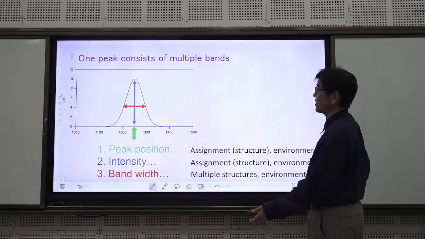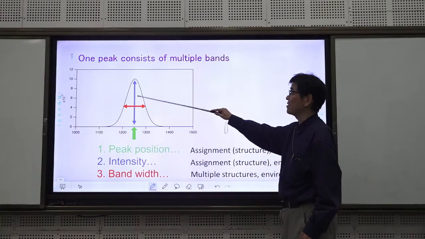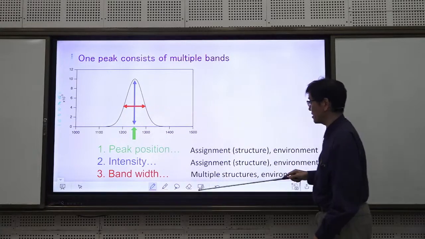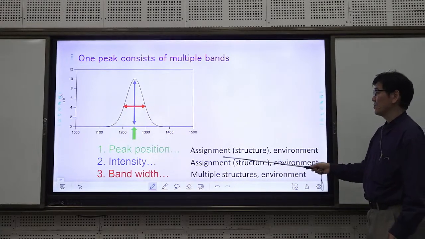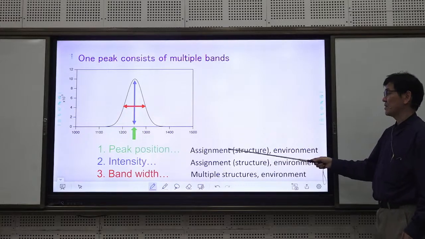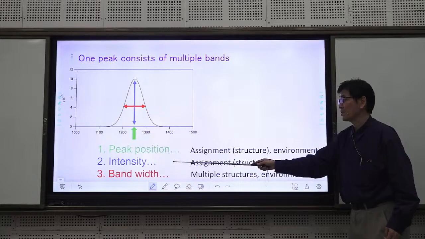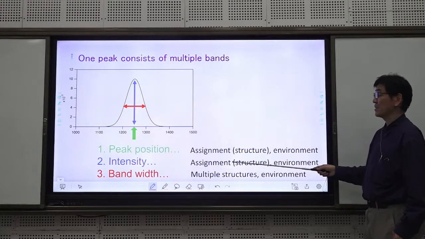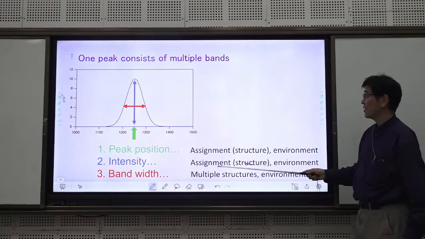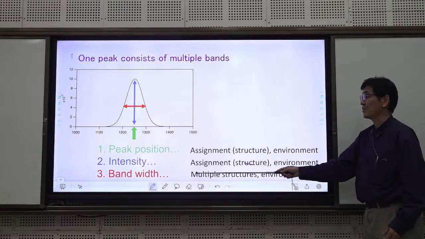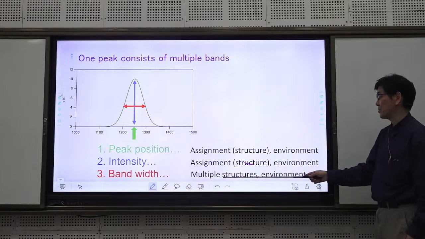So when you find the vibrational band, please check the peak position, intensity, and bandwidth. They are useful to give the assignment and estimate the structure. Intensity is also important for the assignment and estimating structure. Bandwidth is useful to consider the origin of the bandwidth. There may be multiple structures.